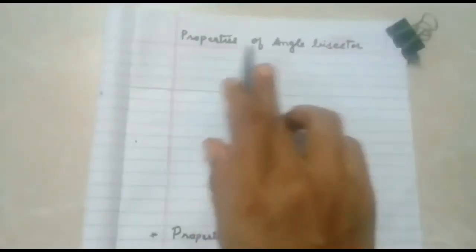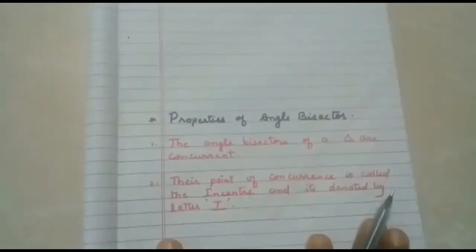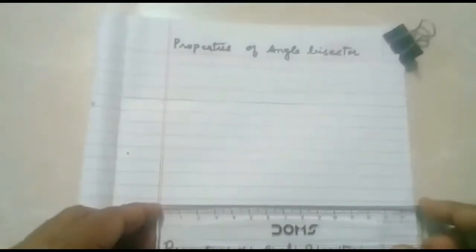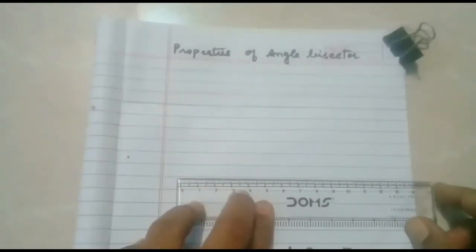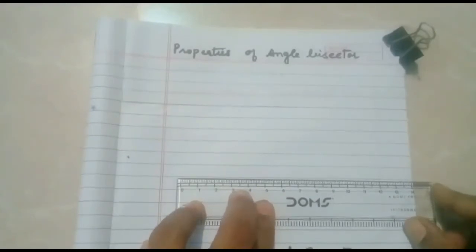Next topic is properties of angle bisector. Before discussing the properties of angle bisector, students, I would like to make a small demonstration so that you can understand the property very well. First, I'll be drawing a triangle.